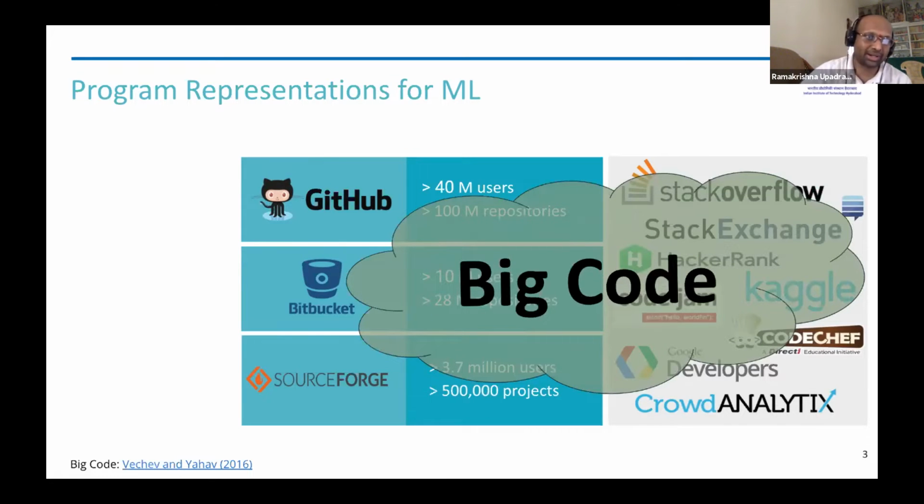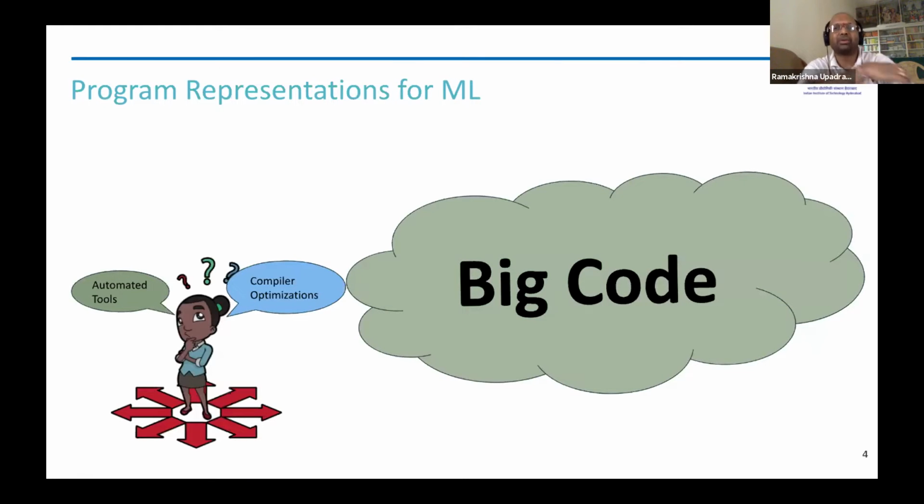Many of them are correct codes, many of them are incorrect codes. You will find students in classrooms, for example, submitting sorting programs. Very likely, they all make the same mistake because the original location where they copied from had the same mistake. But anyway, we are really living in the world of big code, and this big code poses a lot of challenges.